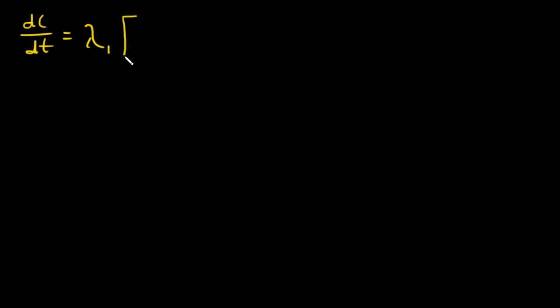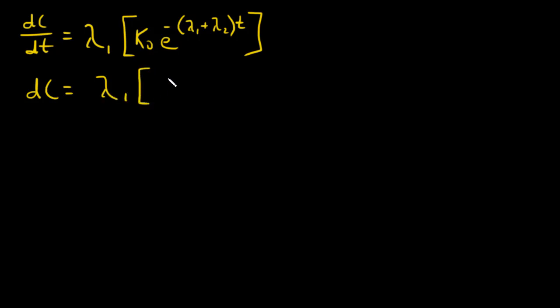K was K naught e to the negative (lambda 1 plus lambda 2) t, right? Okay, so I can now separate that. When I do that, I'm going to wind up with dC is equal to lambda 1 times K naught e to the negative (lambda 1 plus lambda 2) t dt, right?